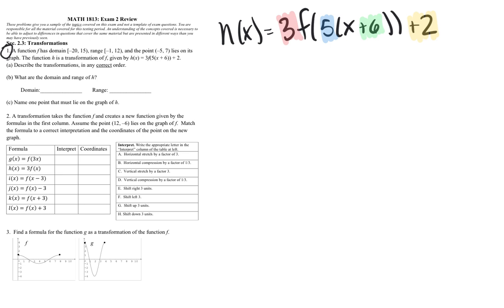So let's get our highlighter and do this. We'll say this is a vertical stretch by a factor of 3. And then our blue part here is on the inside.